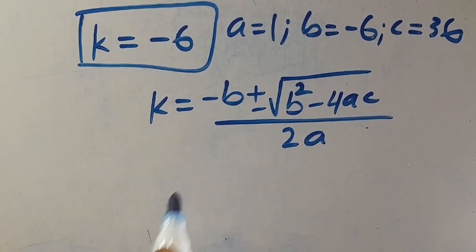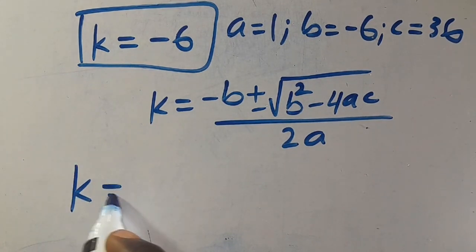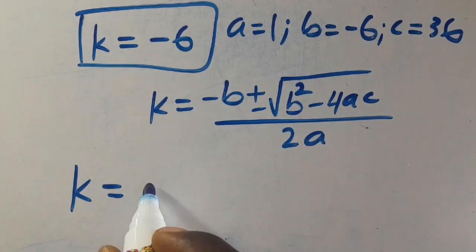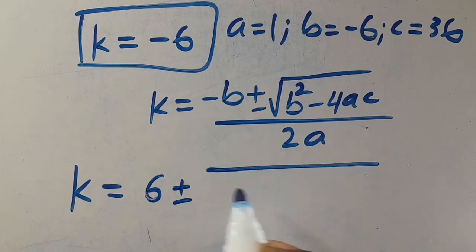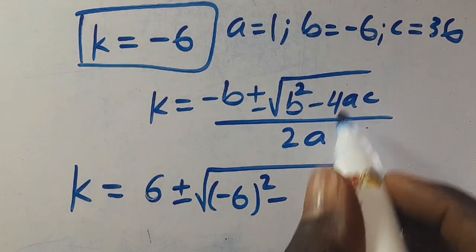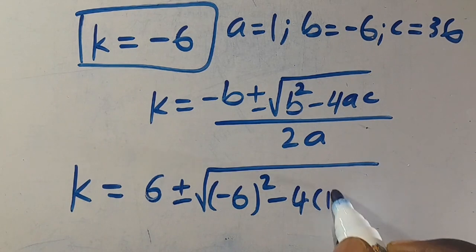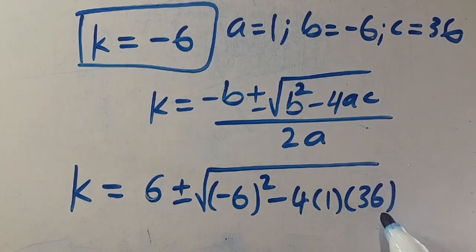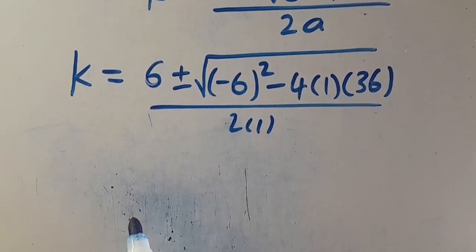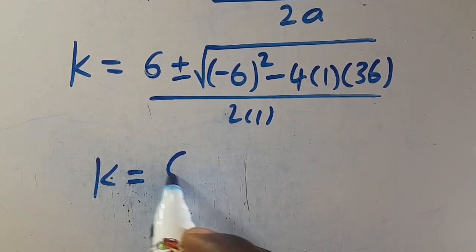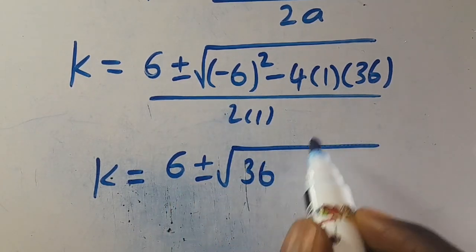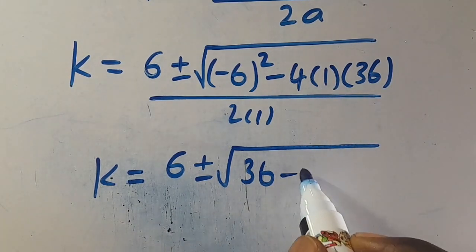So k equals minus b, which will be 6, positive or negative, the square root of (minus 6) all in parentheses to the power of 2, minus 4 times a, which is 1, times c, which is 36, all divided by 2 times 1. So we have k equals 6, positive or negative, square root of 36 minus 4 times 1, which is 4, times 36, which will give us 144.